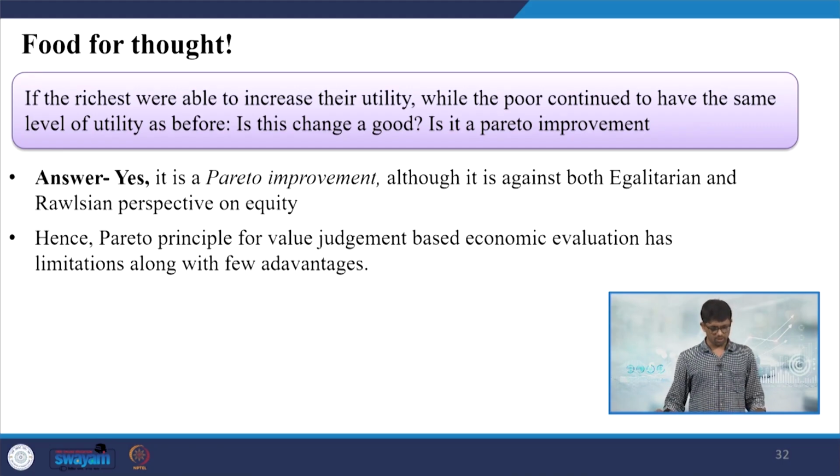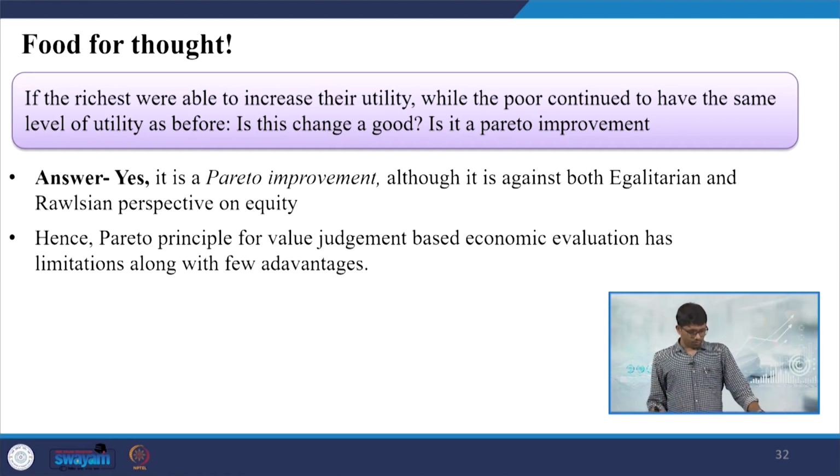Rawlsian perspective on equity. If you remember, the Rawlsian principle is largely discussed in the context of justice. You can refer to the book called A Theory of Justice, and distributional justice is highly emphasized in Rawlsian perspectives. So, we will be emphasizing some of these aspects, or they were already emphasized in the equity and health chapter in unit number 4.